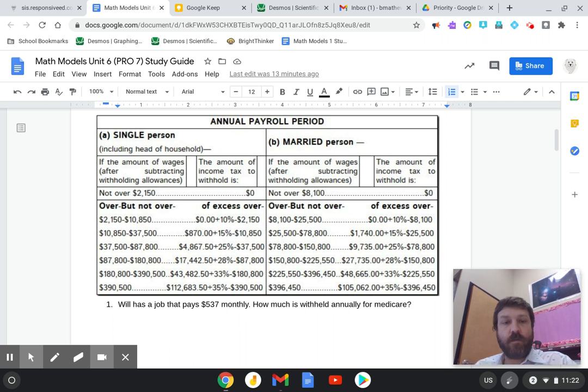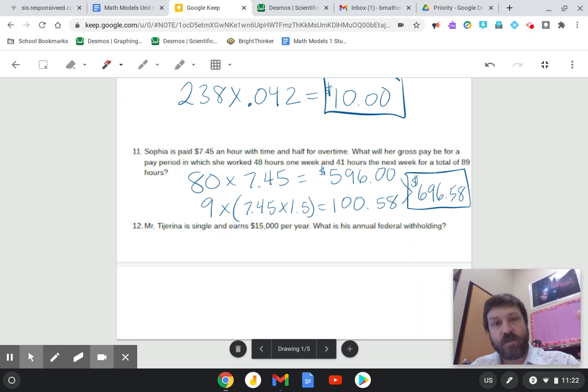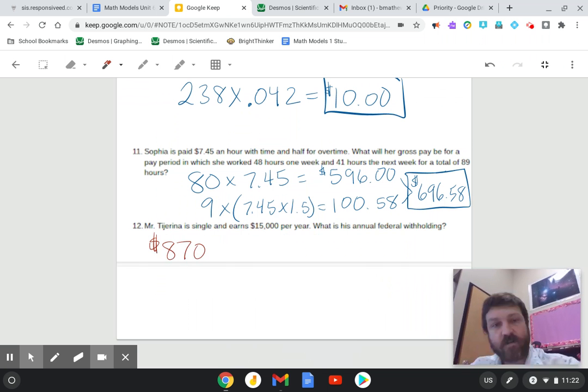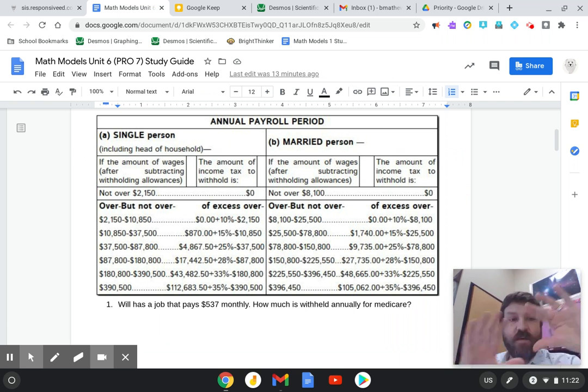So we use the following formula. We do $870 to start. Okay, so let's just write that down. We know it's going to be $870. That's going to be one part of the tax. Plus 15% of everything over $10,850.